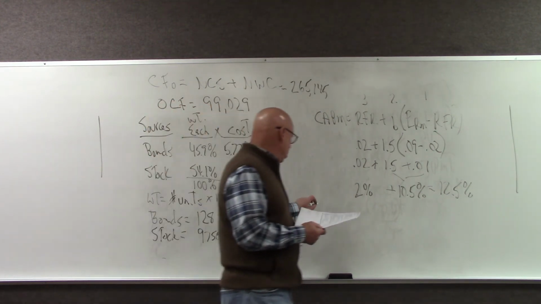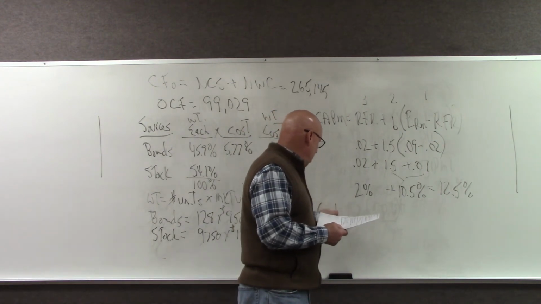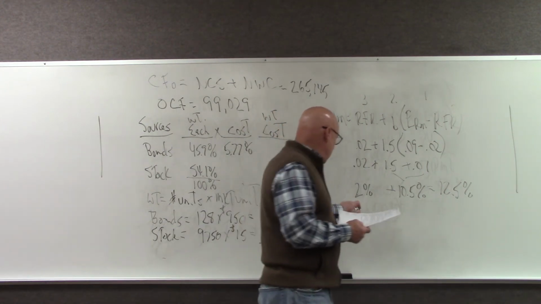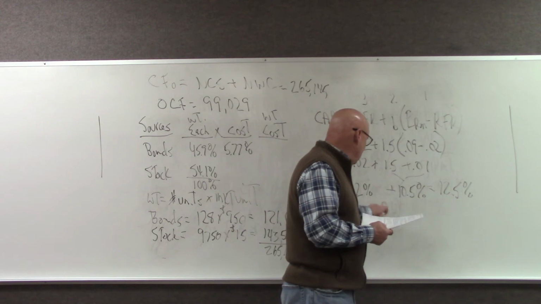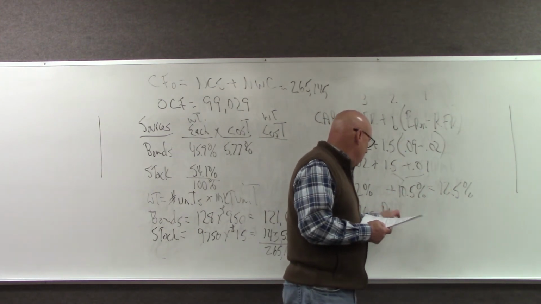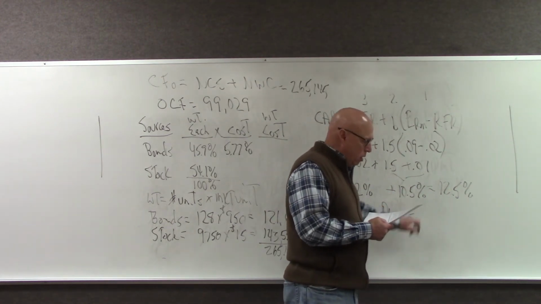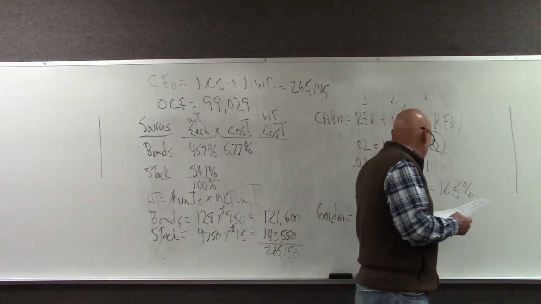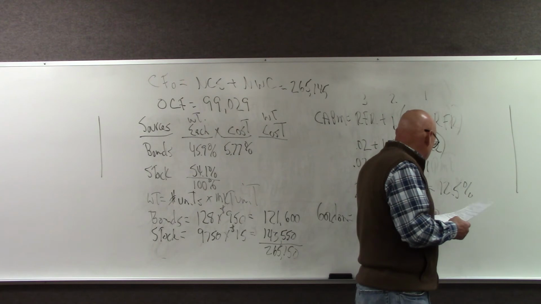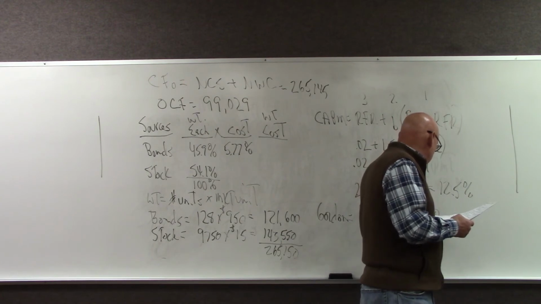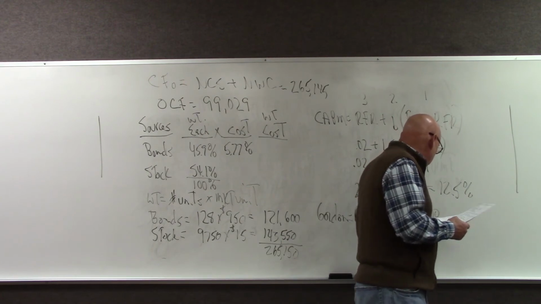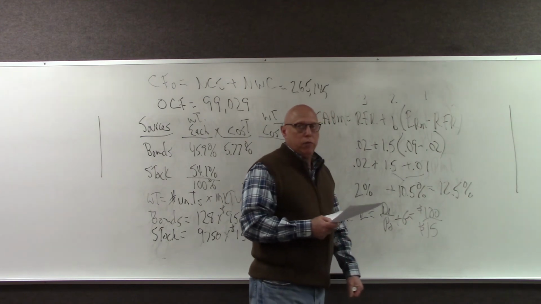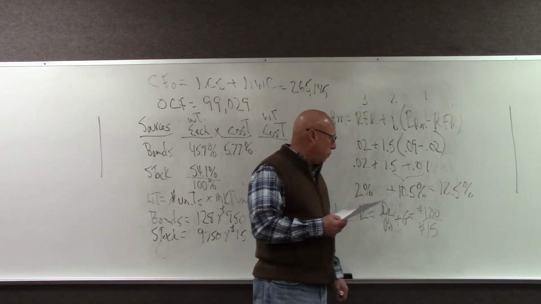Now we're going to use Gordon. In Gordon, K is equal to D1 over P0 plus g. And in the problem it says that D1 is going to be $1. P0 starts off at $15. So $1 over $15, that's the dividend yield, D1 over P0.